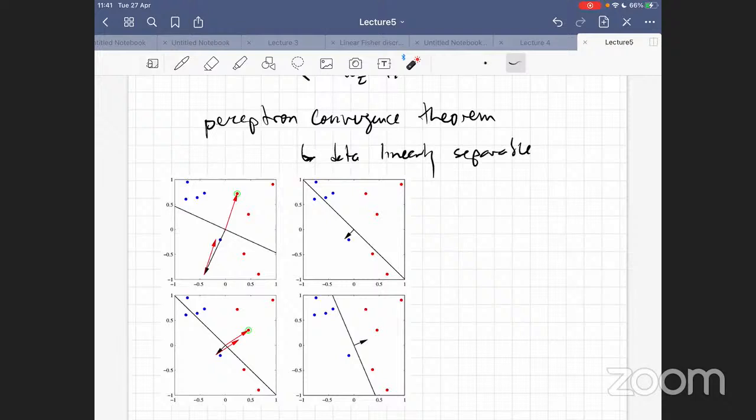Now I need to do the same. I need to find another random misclassified point and then update my weight vector again. So let's think that it is this misclassified point. This is the corresponding feature vector, or phi i, for the misclassified point.